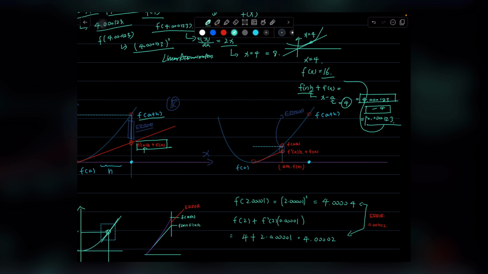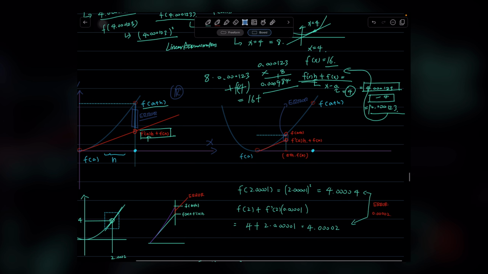We put this into the expression plus 4. This is equal to this amount, so this is the amount of change happening in y when x changes by 0.000123.